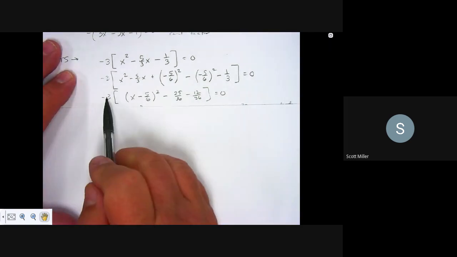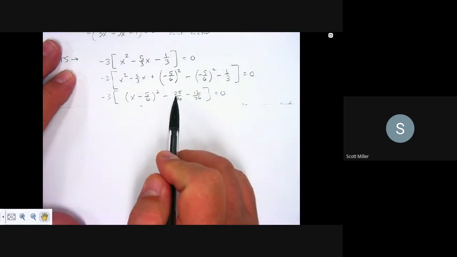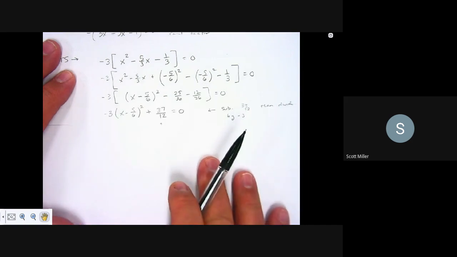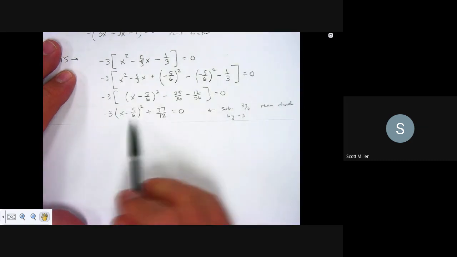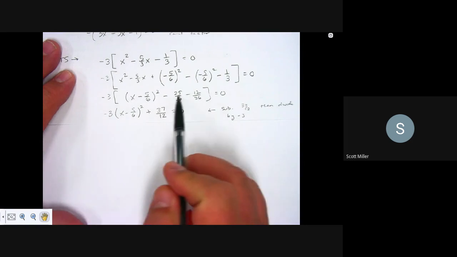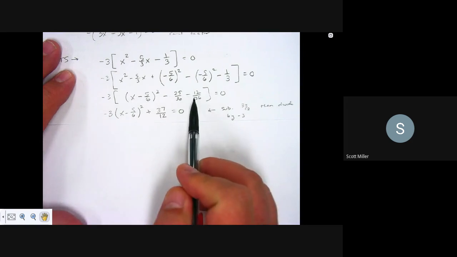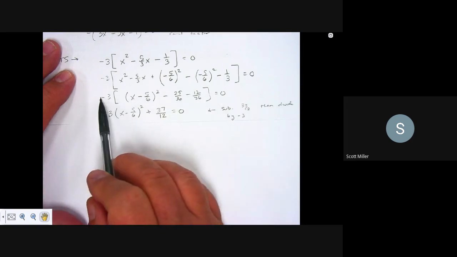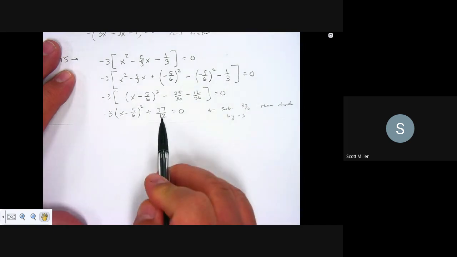And then I'm also going to redistribute the -3. In doing so, I get -3 times that quantity. And then this combines, giving me -37/36. Then I multiply that by -3, which gives me +37/12.